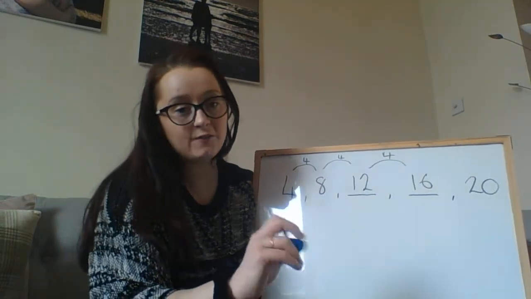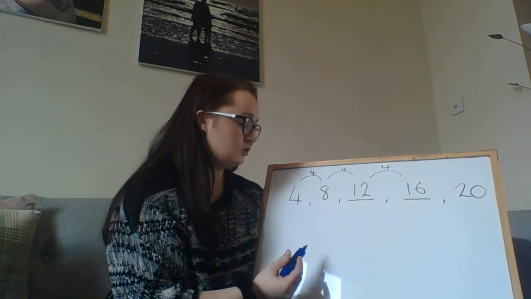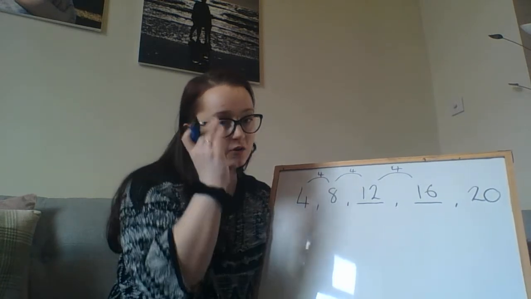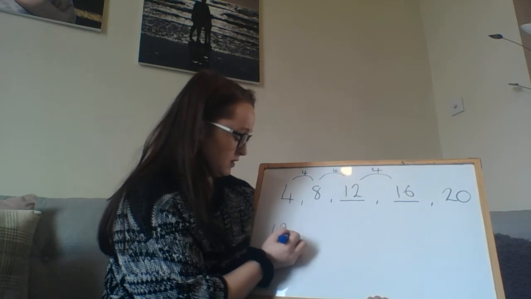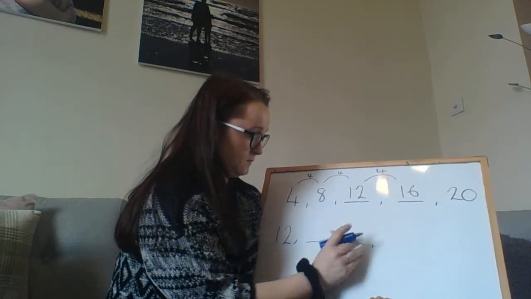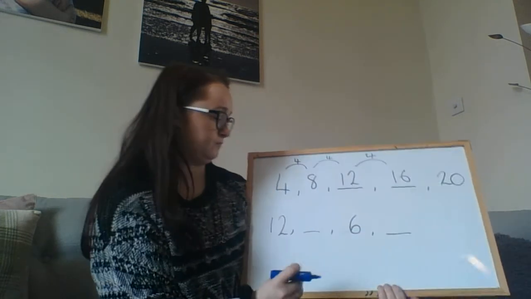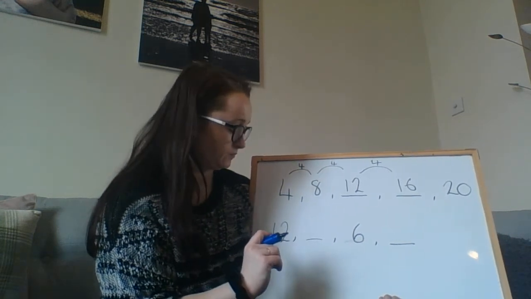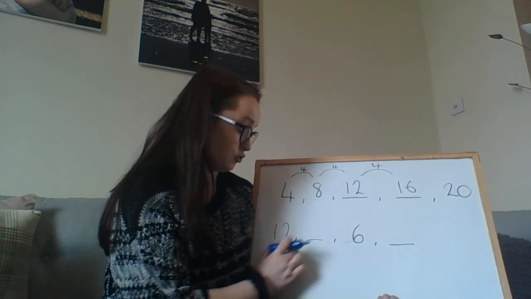Superstars. Let's have a look at my last one now. My last one. We're going to do the 3's and I'll leave you to try and tackle the 8's on your own. So if I've got 12, let's fill that one in. So this is a bit trickier. And we've got to think of a number that's in between 6 and 12, or 12 and 6.